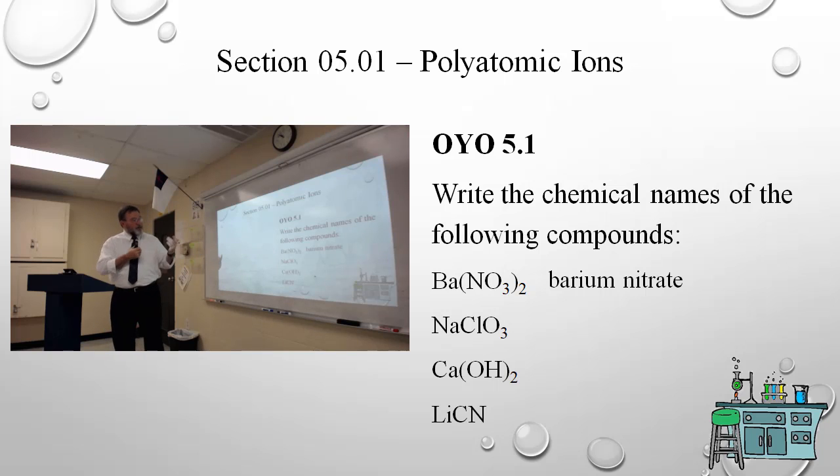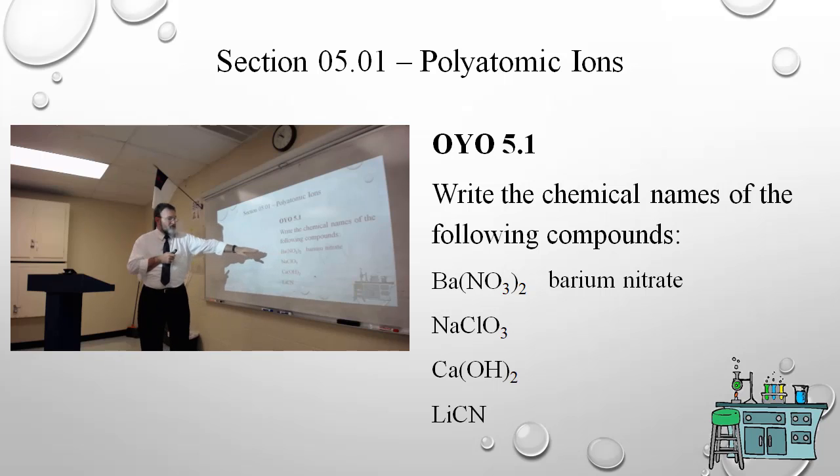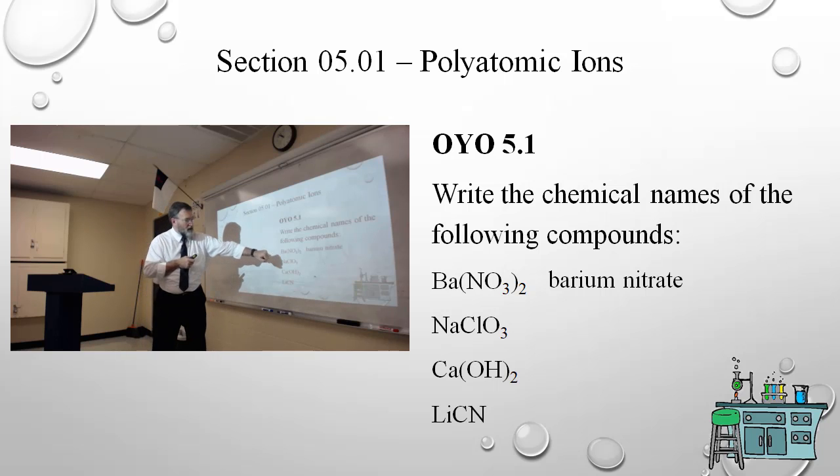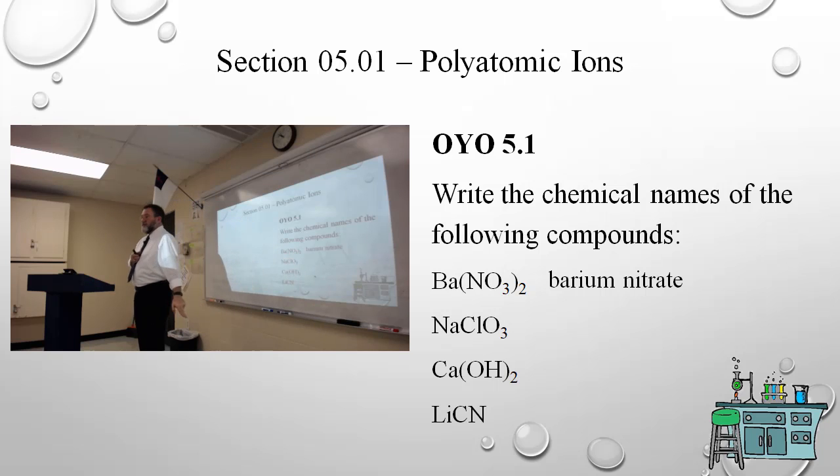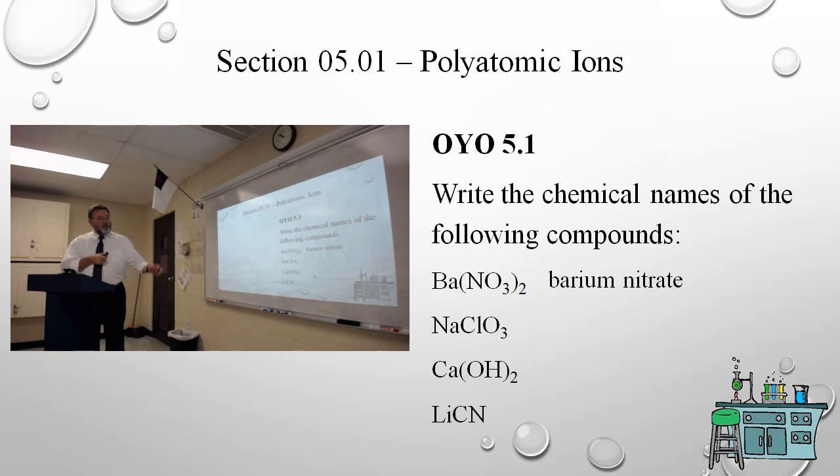So we say, well, this molecule of barium nitrate has 1 barium, 2 nitrogens, and 6 oxygens. Those 2 nitrogens and 6 oxygens are all combined together to form 2 structures, each one of which has 1 nitrogen and 3 oxygens. And that 1 nitrogen, 3 oxygen combination has a charge.